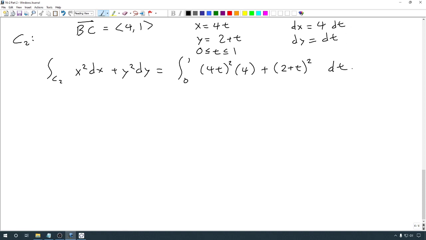We've got to expand everything out. Here we end up with a 16t squared, but times 4, so 64t squared. This expands out to be 4 plus 4t plus t squared. So actually, our t squared term is 65 times t squared.